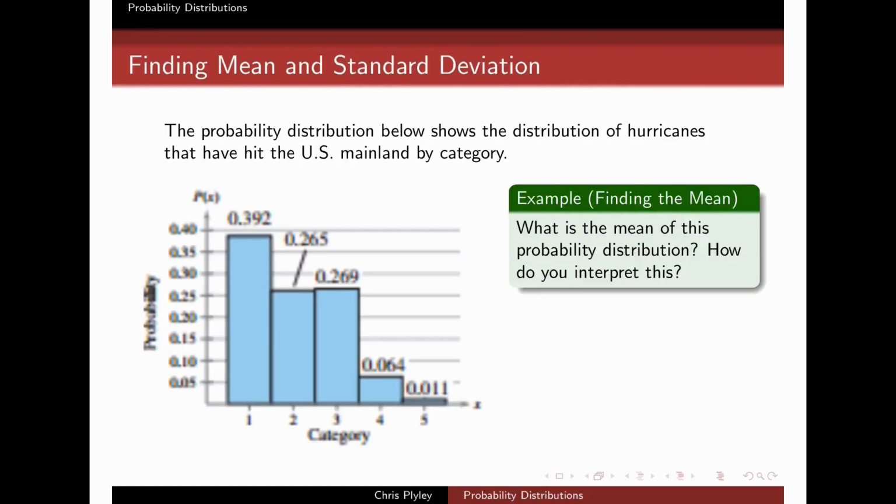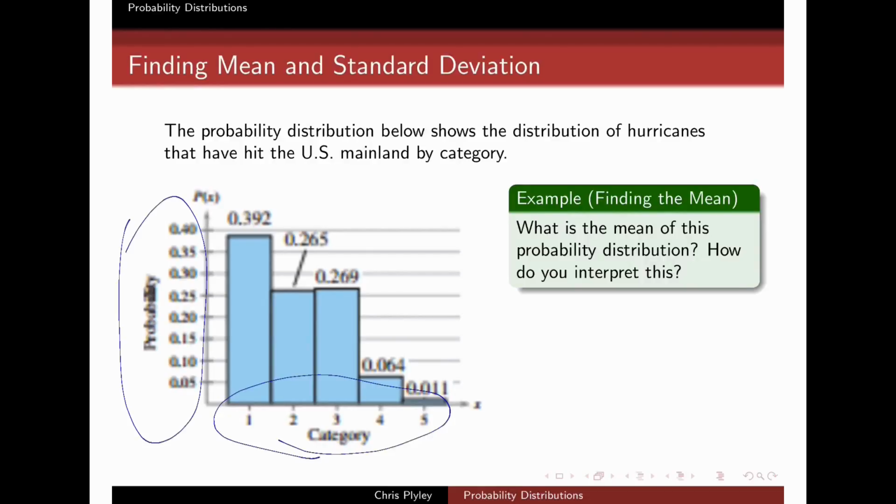So one quick example, finding mean and standard deviation. I've got a probability distribution off to the left, and what this represents is the likelihood of getting each of these different categories of hurricanes. How ironic, right? A hurricane question for us in the Virgin Islands. The random variable associates to each of the values x, which represent the category of a hurricane that could come by and theoretically hit us, the probability of getting such a category hurricane.